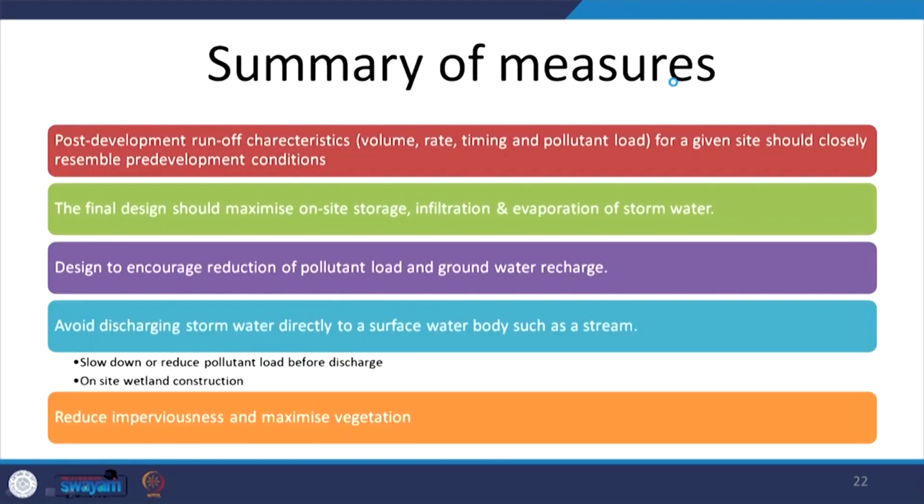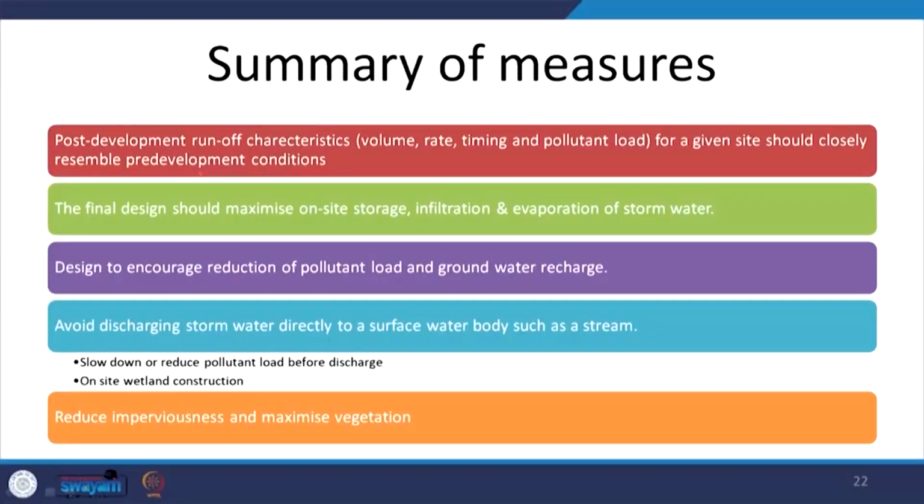So, to summarize these measures and strategies, the first one is post development runoff characteristics, where we are aiming at developing the site in such a manner that the post development runoff and conditions are the same as that of pre-development ones.